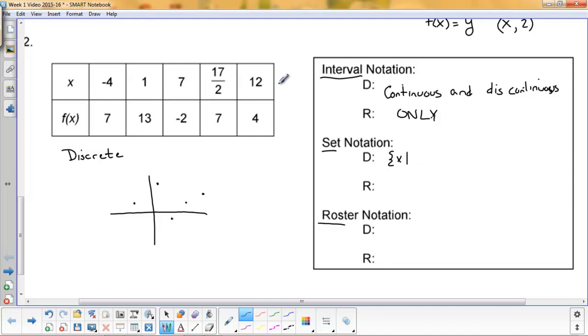And lucky for us, it's written that way now. 17 over 2, well, 16 over 2 is 8, so that's 8.5. -4, 1, 7, 17 over 2, and 12.